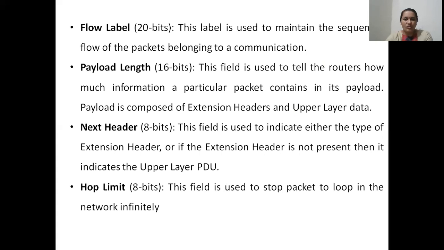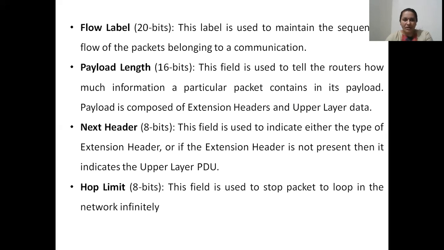The payload length field is a 16 bits field. It is used to tell the length of the payload to the routers and the destination machine. When we say payload, it is composed of the actual data which is received from the upper layer, that is the transport layer, and the extension headers added to it.